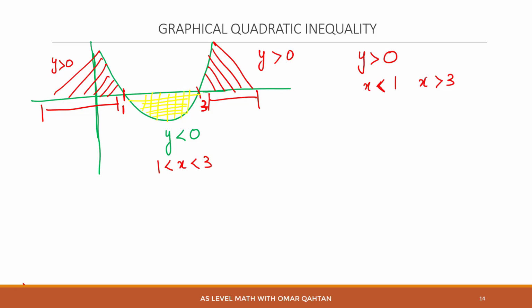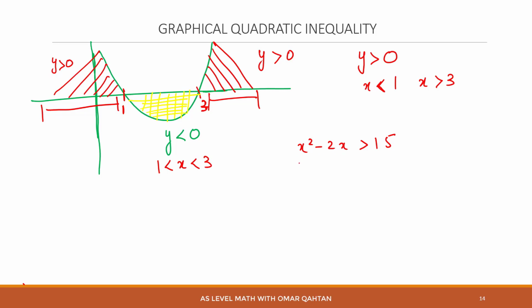So let's take a question in which we can see what we actually do if the question gives us greater than or less than. So let's see here: x squared minus 2x greater than 15. You have to simplify or find the range of values of x.